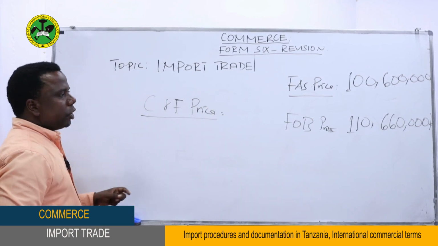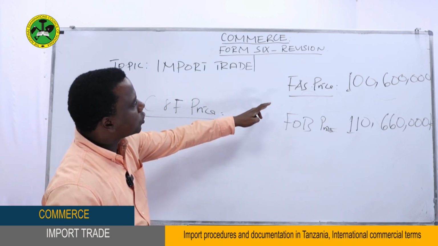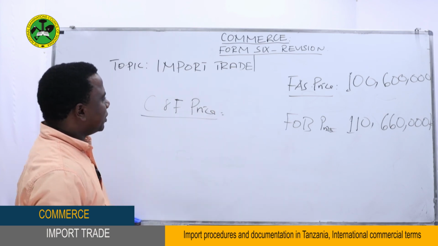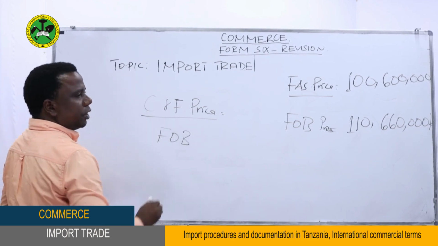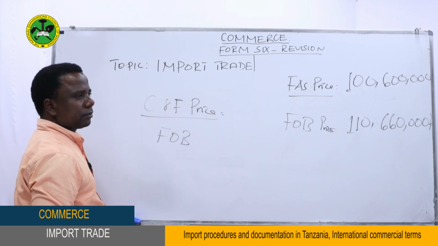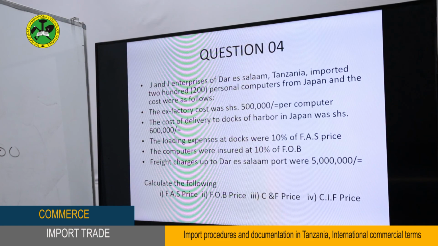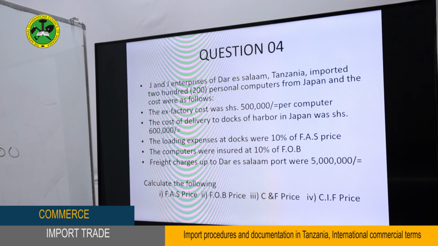Now it means you include all the costs, like the costs of carriage and loading. So it's very simple. Just take the FOB price and add the freight charges. The freight charges up to Dar es Salaam port were 5 million.